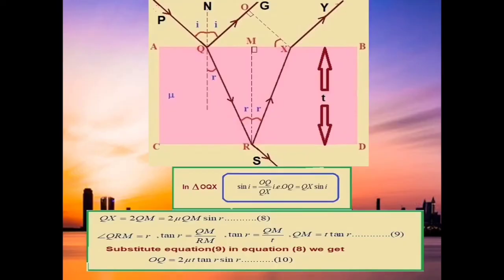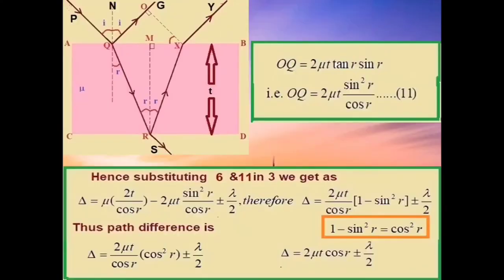This is equation 9. Substitute equation 9 in equation 8, we get OQ is equal to twice mu t tan r into sin r. This is equation 10. OQ is equal to twice mu t tan r into sin r. That is, OQ is equal to twice mu t into sin square r divided by cos r.